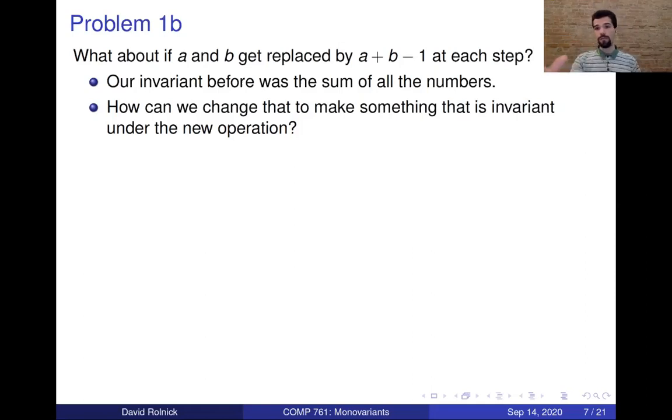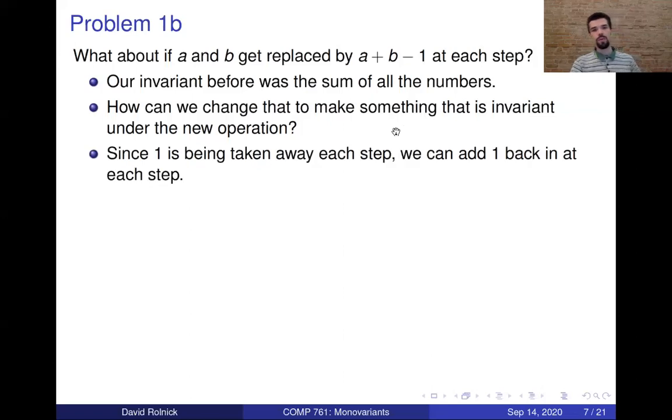I see a lot of people have worked out what the final answer is going to be. So it's not going to be the sum minus 1, because you take 1 away at each step.